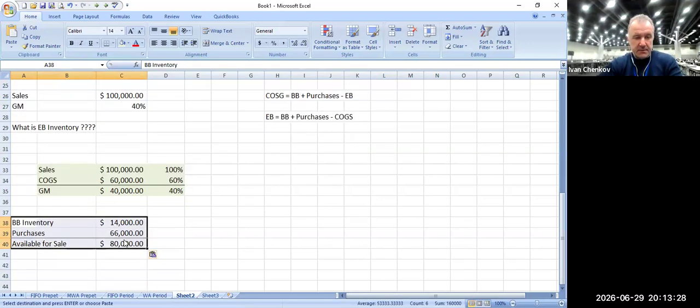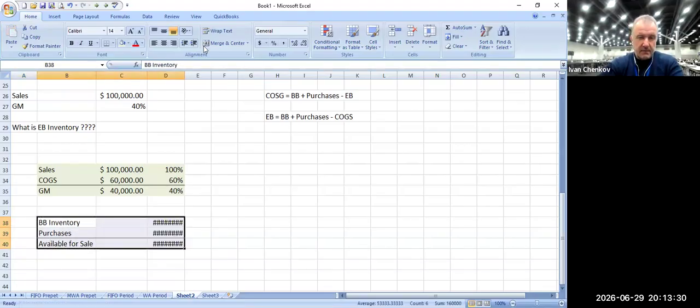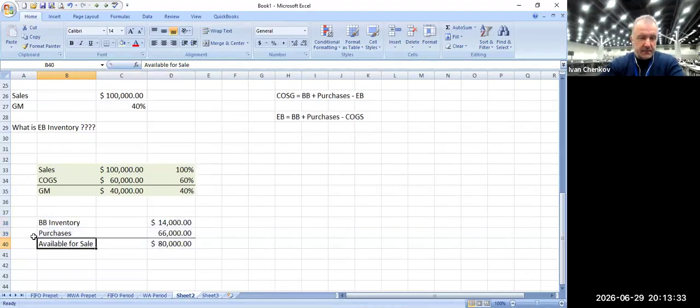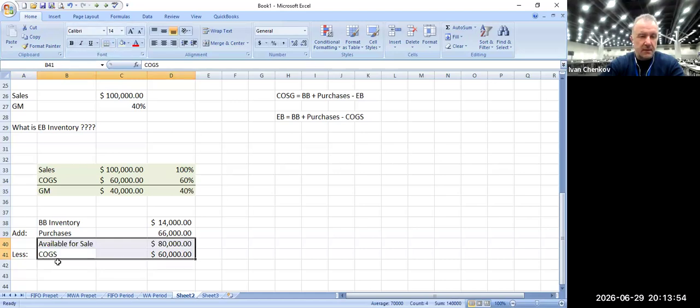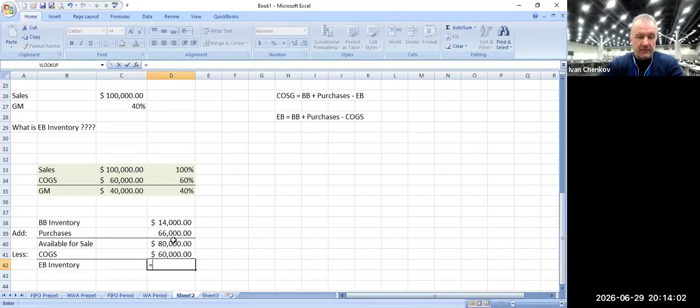Let's cut it from here and put it here. So beginning balance, we're going to add the purchases, then we're going to subtract cost of goods sold, which we already calculated is 60,000. It's going to give us the ending balance. The ending balance for our inventory is going to be equal to available minus cost of goods sold.